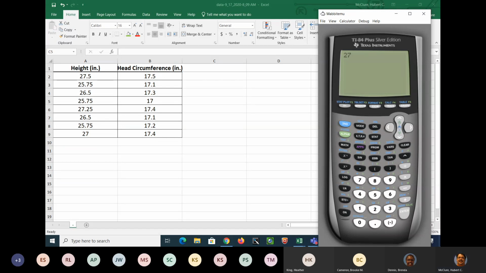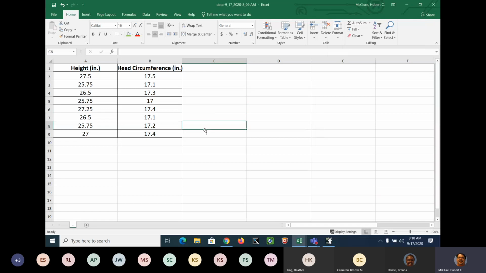Stat, edit. I really don't want to mess that up because that's another question. I'll tell you what, I'm going to wait because I've got another homework question in here, and I'm just going to do everything on the Excel spreadsheet.